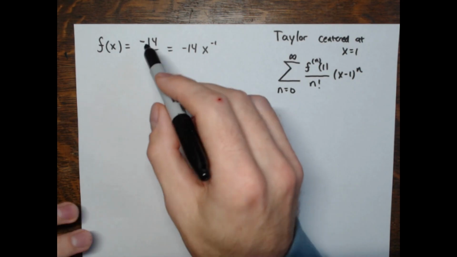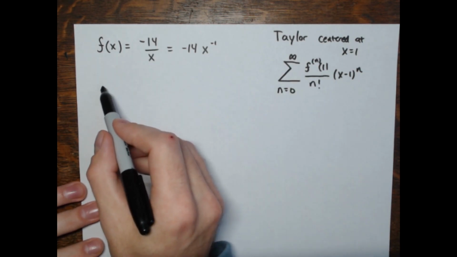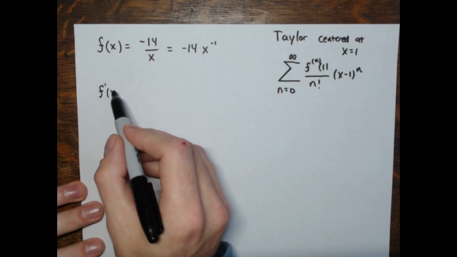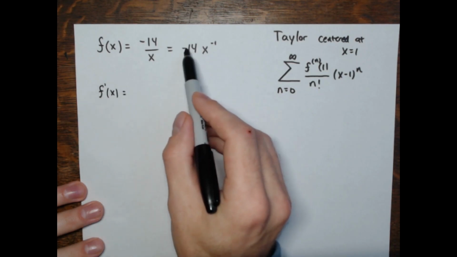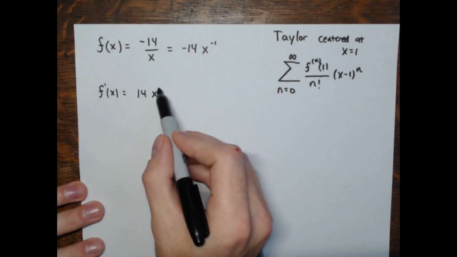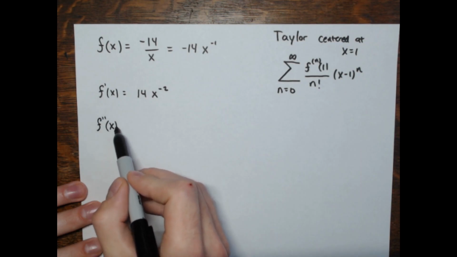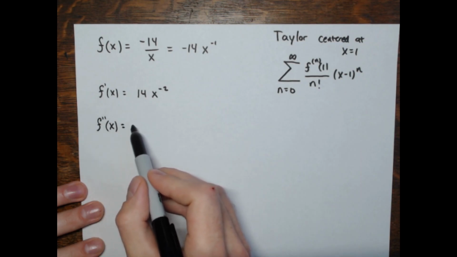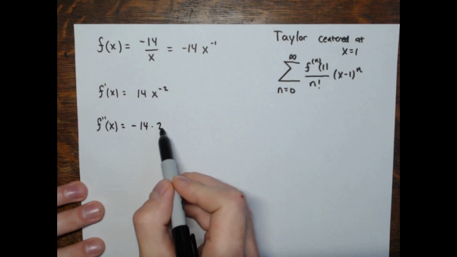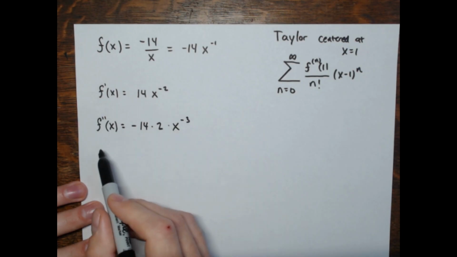So what I'm going to do is try to figure out a general formula here for the nth derivative. The first derivative would be positive 14 times x to the -2. Second derivative would be, now I'm going to do this, -14 times 2, you'll see why in a second, times x to the -3.